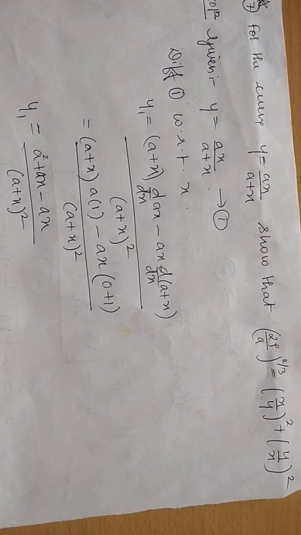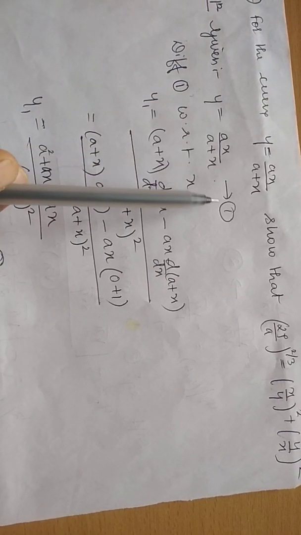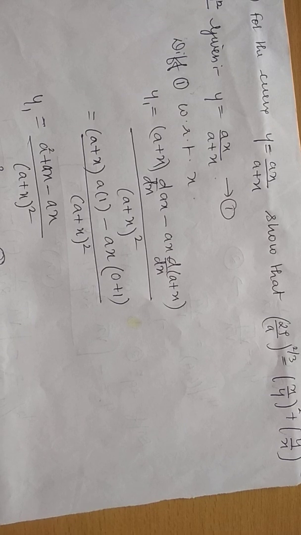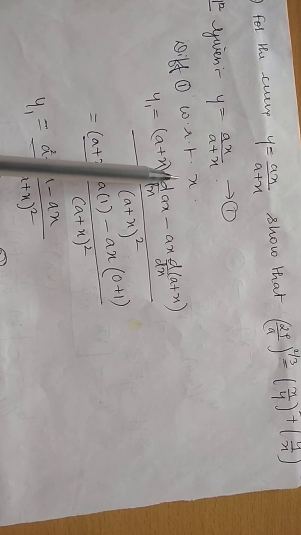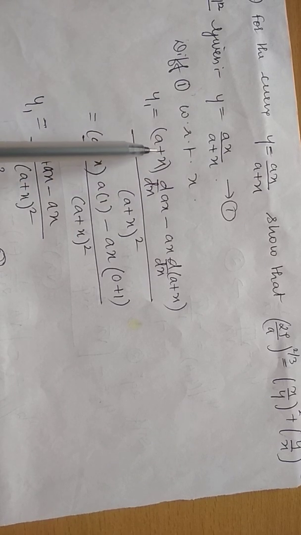So consider y = ax/(a+x). Mark it as equation number 1. Here we are not required to use a point because no extra information is given. Differentiating both sides with respect to x: the numerator has x and the denominator also has x, so I have to apply the u by v rule.